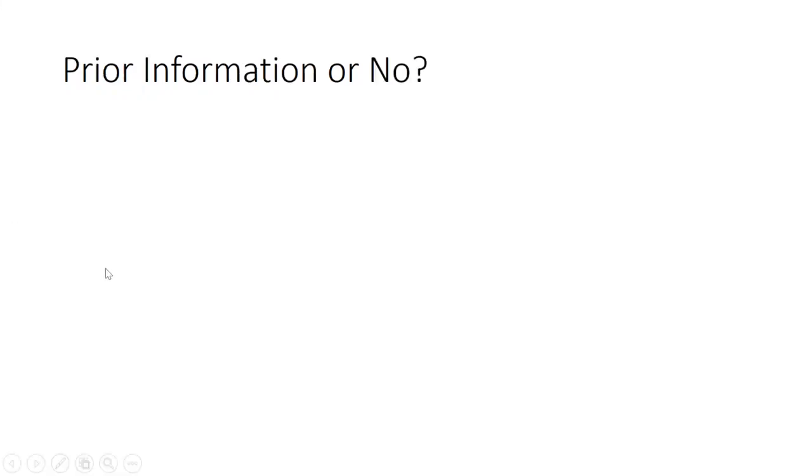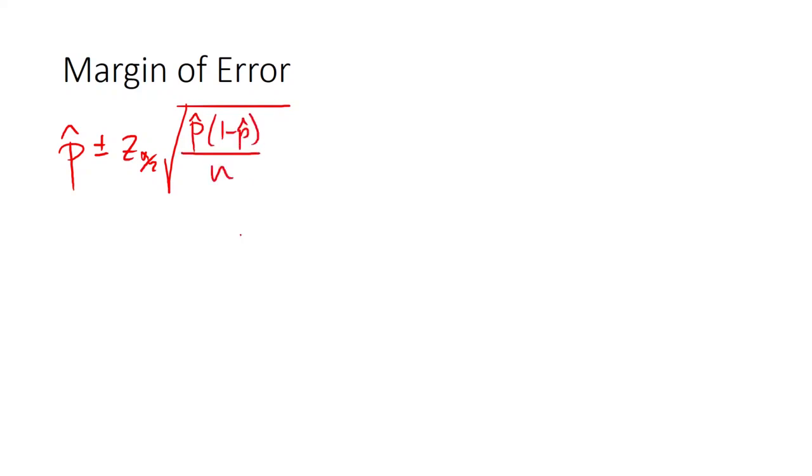We can actually figure out how many samples we should take to get a desired margin of error. So if you think about the formula for the confidence intervals, this chunk right here, this is what we call the margin of error.